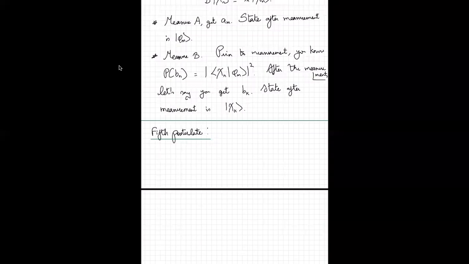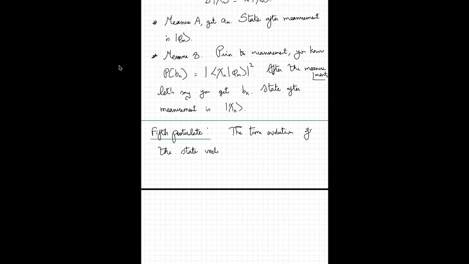As you well know, the dynamical equation in quantum mechanics is called the Schrodinger equation. The time evolution of the state vector psi of t is governed by the Schrodinger equation.